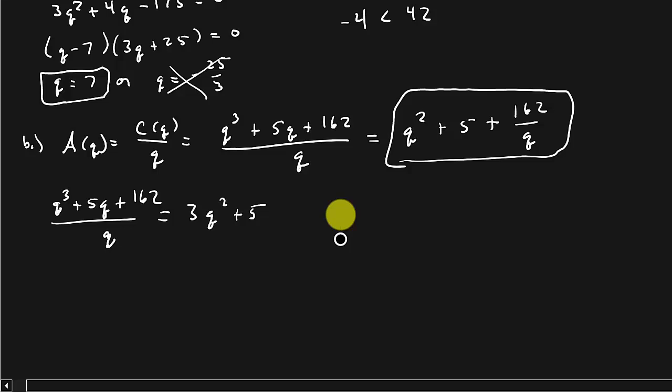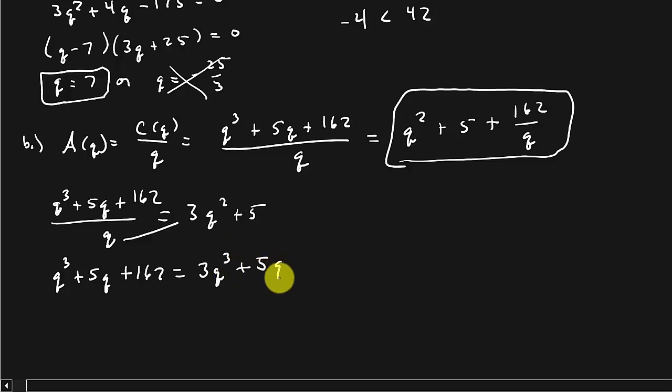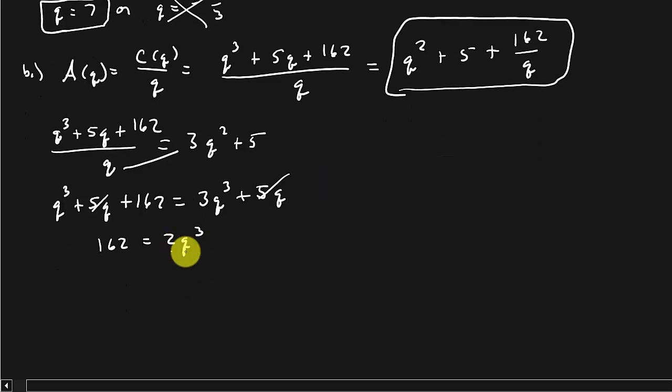And so that is going to be Q to the third plus 5Q plus 162. And if I multiply by Q, that's 3Q to the third plus 5Q. Well, you can see those cancel out. And I'm going to be left with 162 equals 2Q to the third.